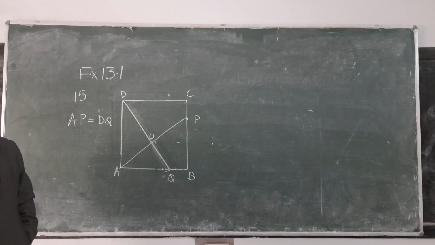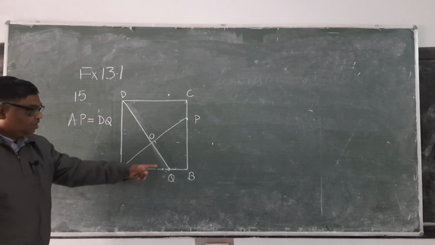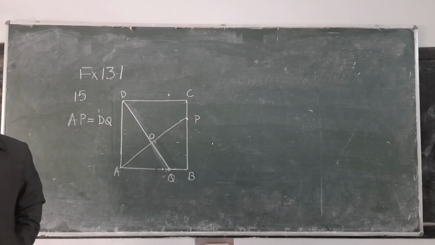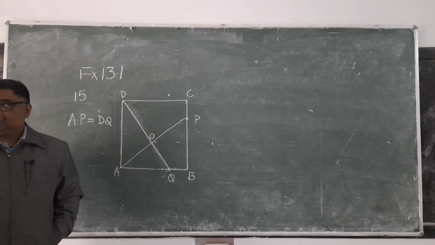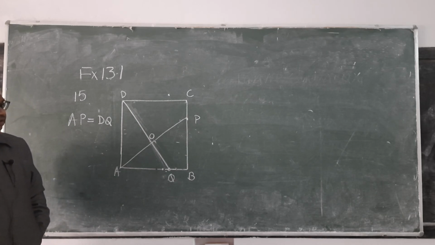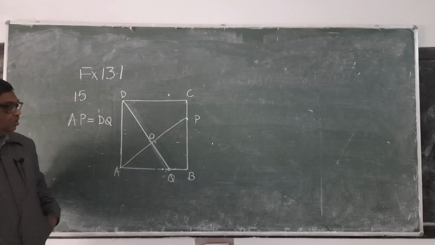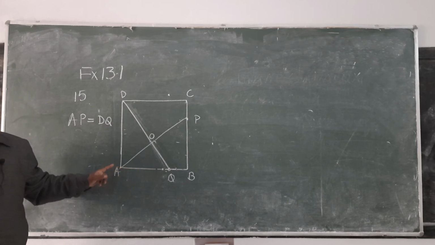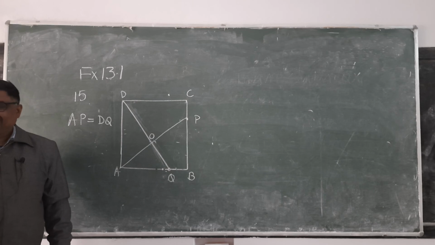Yes, so we will take two triangles, triangle ADO and triangle AQO. इससे भी कुछ नहीं होगा। हाँ, ट्रायंगल DAQ आइसोसेलेस हो जाएगा। Sir, ये right angle, this is not isosceles. Yes, no.